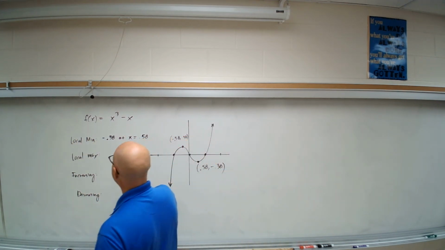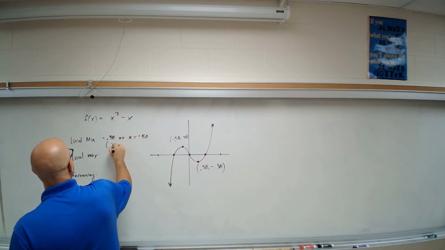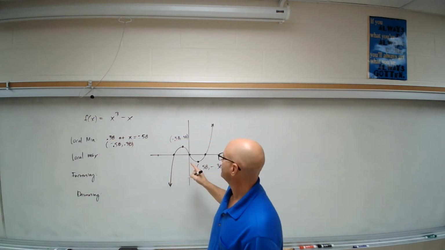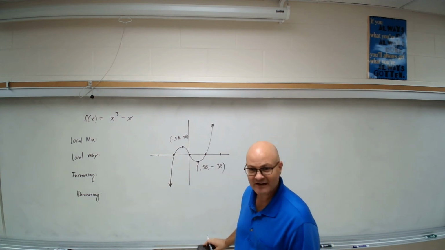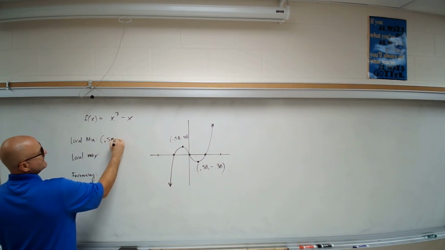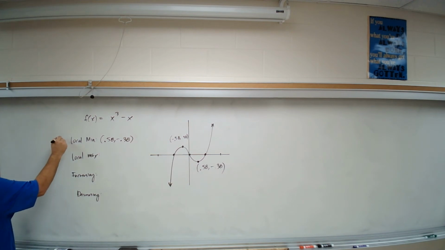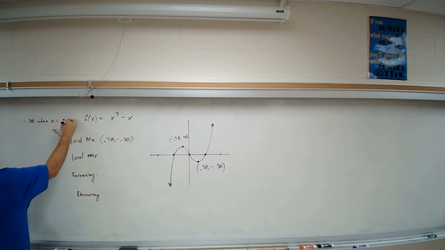So for my local min, I think the best way is to say 0.58, -0.38. Again, you may also see it written as the local min is -0.38 when x equals 0.58.